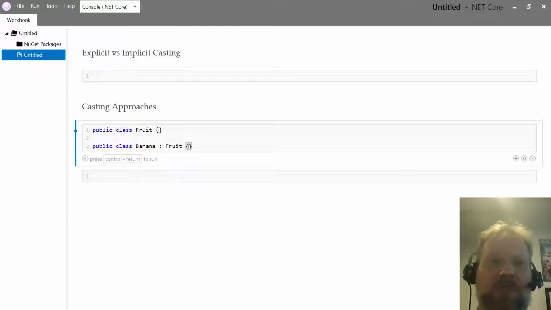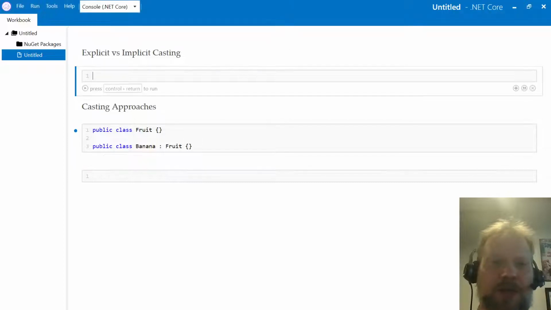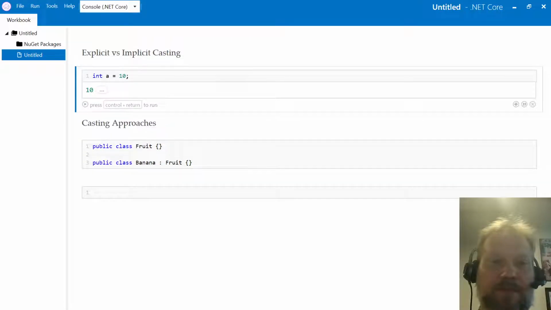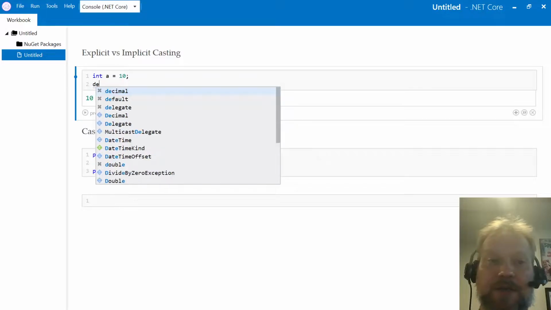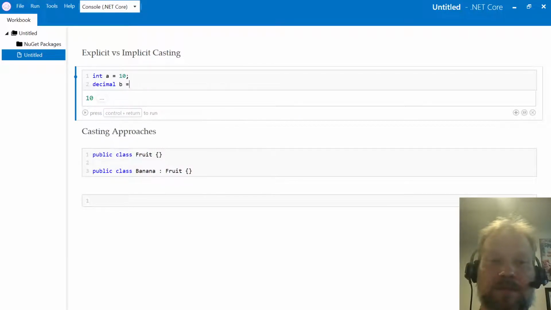So what is implicit casting? Well, let's say, for example, I declare an integer: int a equals 10. That's pretty straightforward. Now if I declare a decimal and set it equal to a, where a is an int and b is a decimal, and we run this code, notice that it happily says, okay, I can put 10 into a decimal shaped hole.